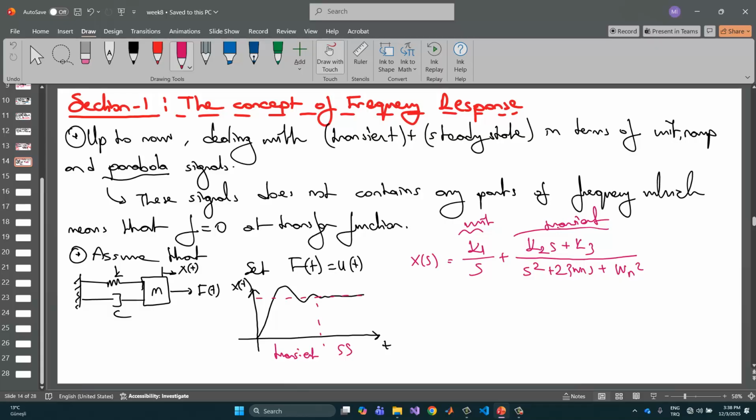In the PID controller, we stabilize the whole system based on the frequency component being equal to 0. But if you have an input signal with a frequency, for example, f equal to 10 hertz or 100 hertz, then even if you have a perfect controller, your system cannot respond to this one.